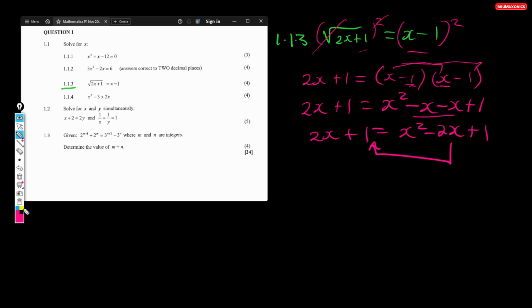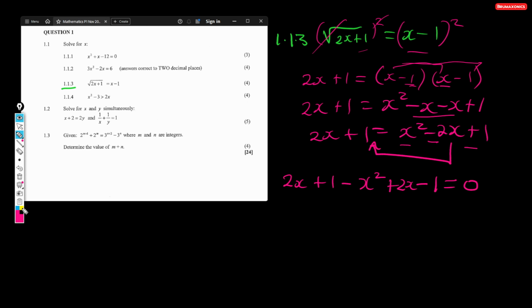So I think now we can finalize our equation, right? So I will now say 2x plus 1, then this one will be negative x squared, and then this one will be positive, and then this one will be negative 1, which is equal to 0, right?